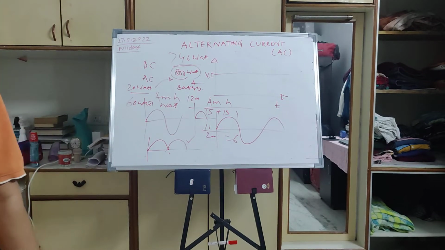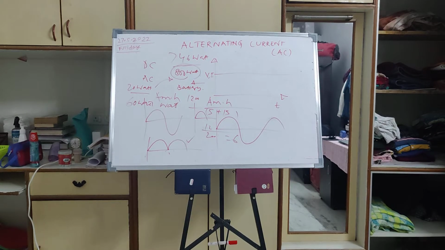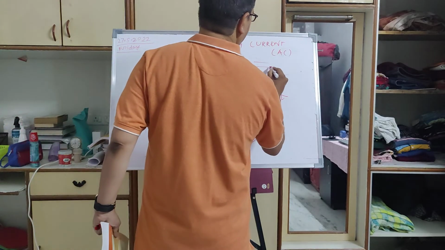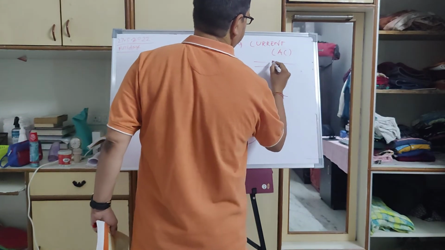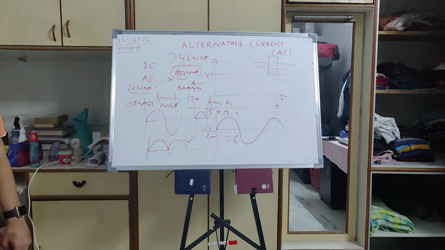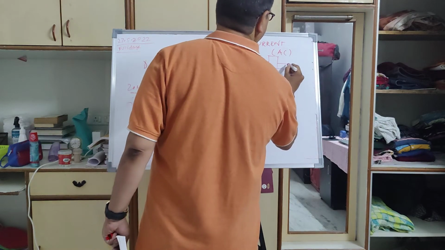You have a boiler, you have a turbine, and this turbine shaft will be coupled to the generator shaft. There is something called a flange coupling. So these two shafts will be coupled. This is my turbine and this is my generator.